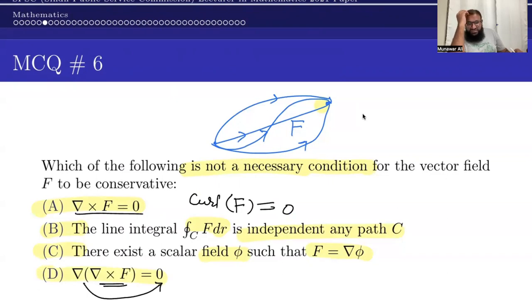I think maybe there's a typo in this question. We are unable to decide which one of these is the correct option. But all of these are necessary conditions for a vector field to be conservative. So we cannot decide, maybe there's a typo or something else, or you can check the exam and tell me in the comments. I will let you know what the correct option is.